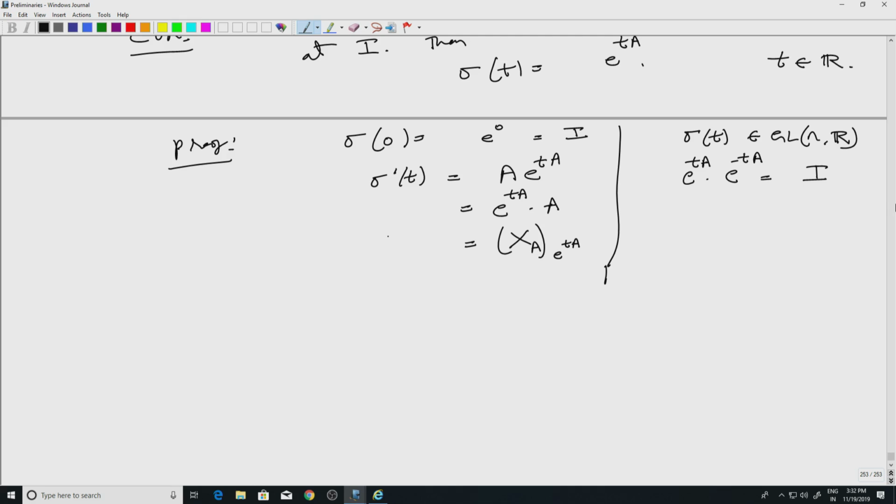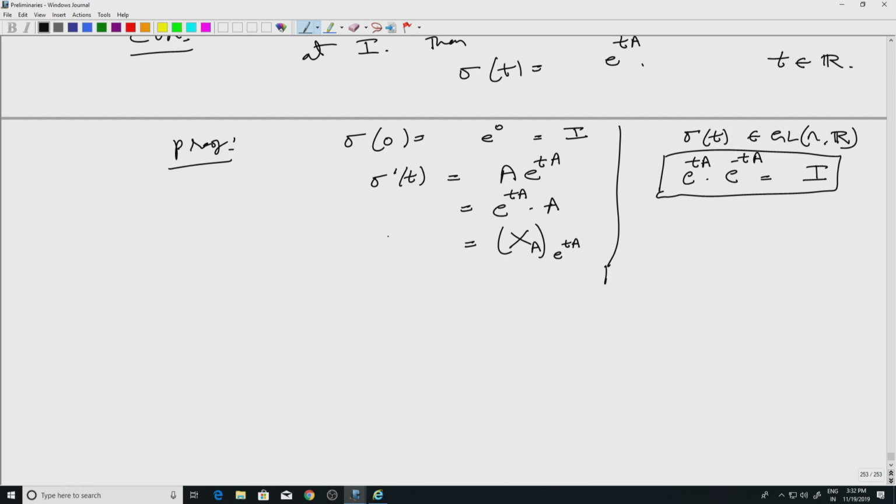So I won't do this fact. Perhaps this can be a topic for the live session or the tutorial. So assuming this, I'm assured that sigma t belongs to GLnR for every t. A can be anything, no restriction on A. Whatever A is, this always belongs to GLnR.